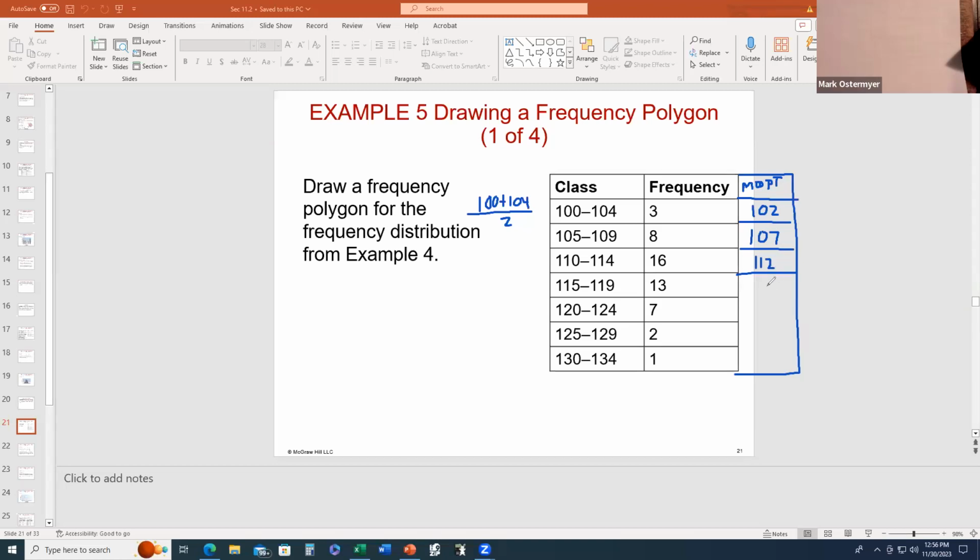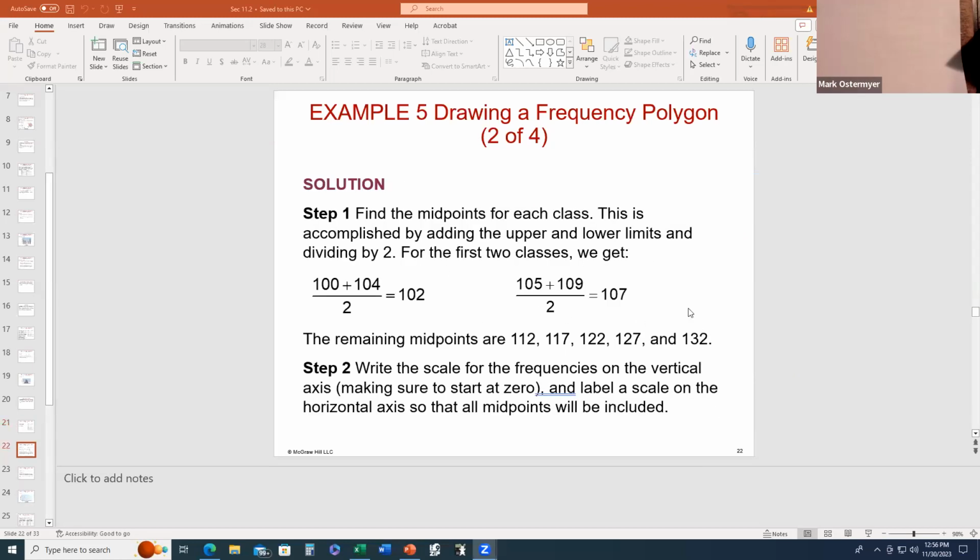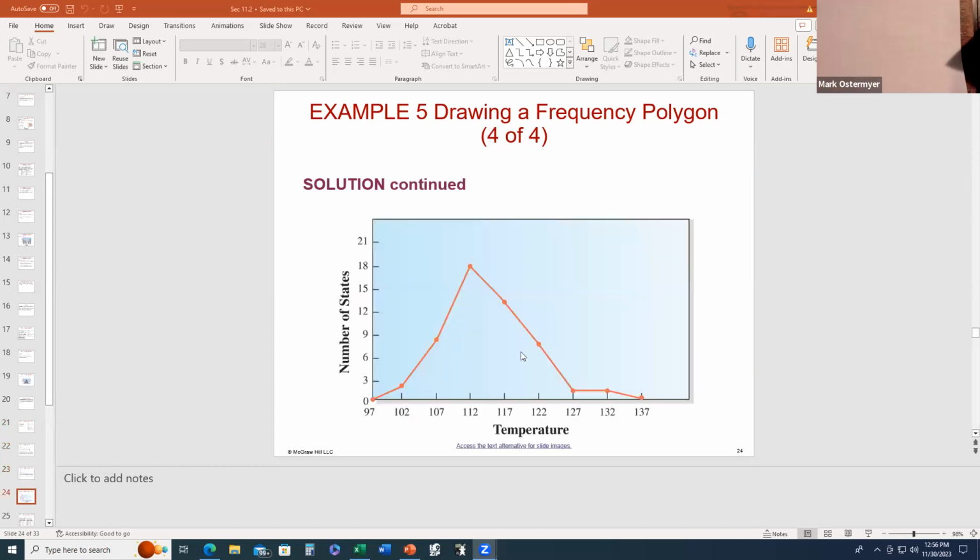That's the midpoint of the third class. Do we understand how to get the midpoints here? Yes. All right. So the midpoints, and they're showing you what I just talked about here. Okay. All right. So ladies and gentlemen, here is a frequency polygon.